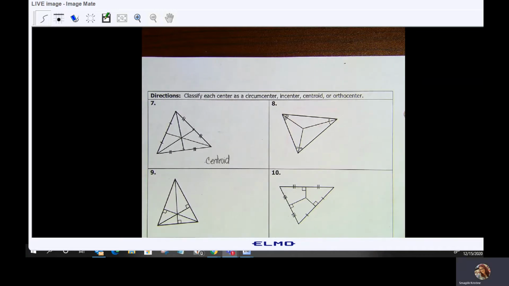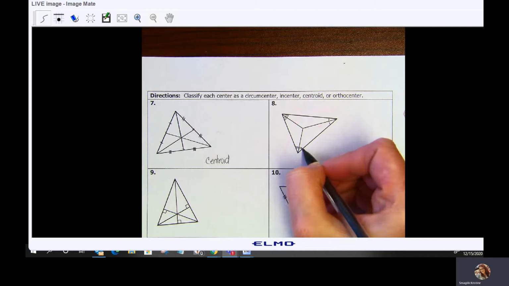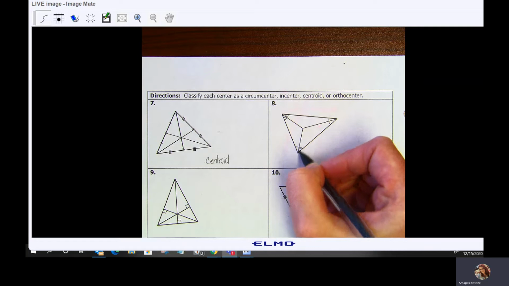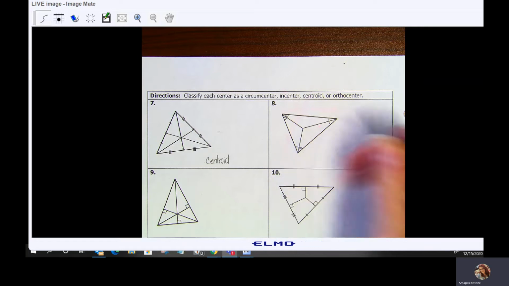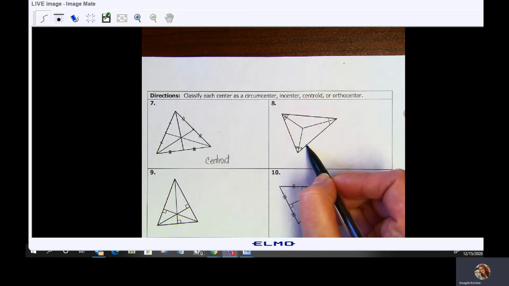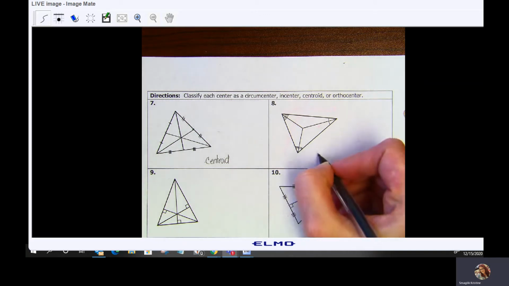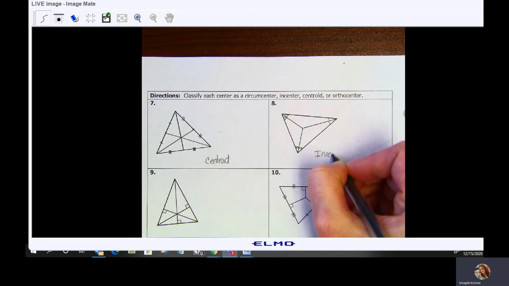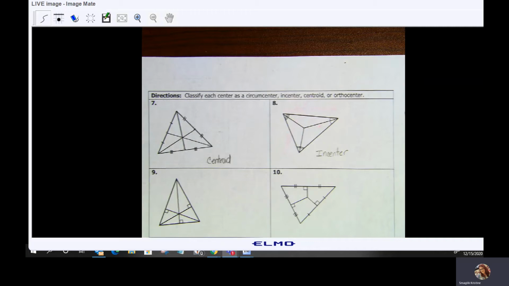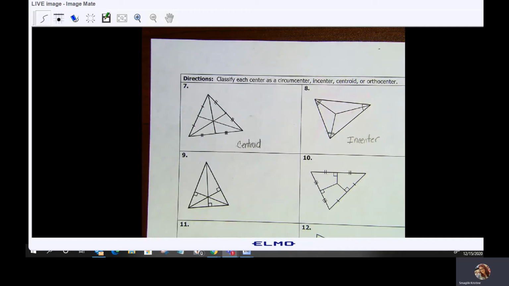Looking at number 8, notice we have angle bisectors. So we're coming from our point of concurrency in the middle, and this line is bisecting this angle. This is the incenter. My point of concurrency is the incenter. And now number 9.